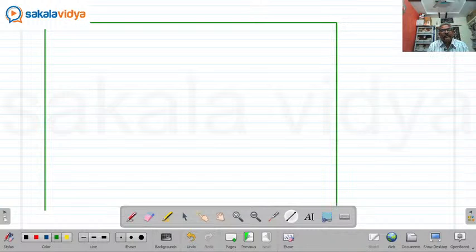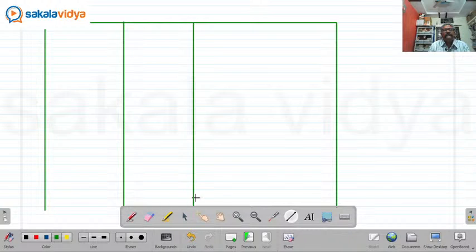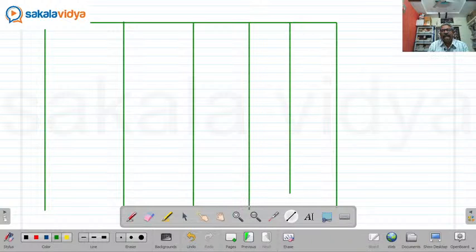Since you are asked only to find the mode, 2 columns are enough, but moreover, mean is also there. So 5 columns you need to make. This is class interval, this is frequency, class mark, next ui and fi ui.